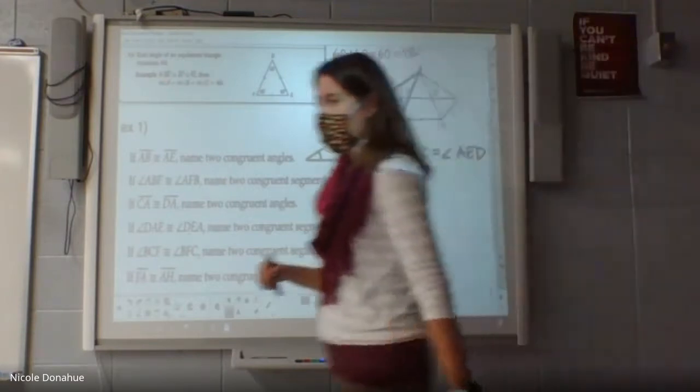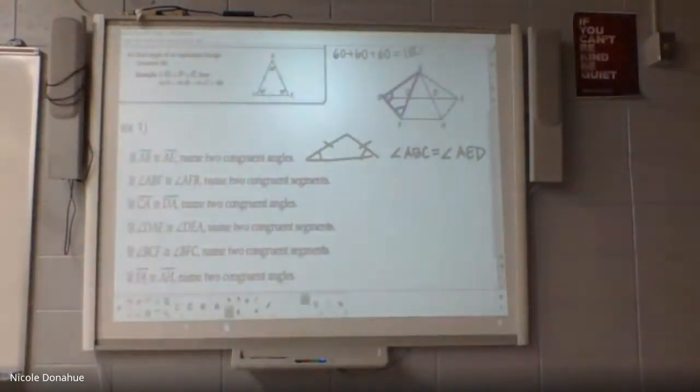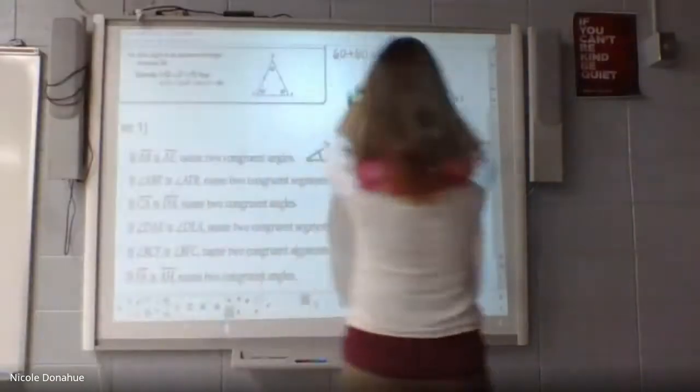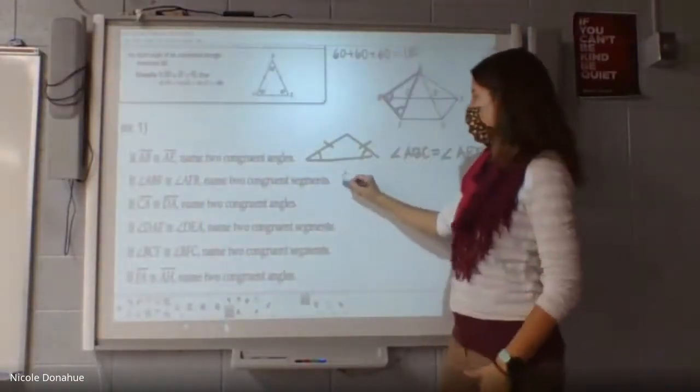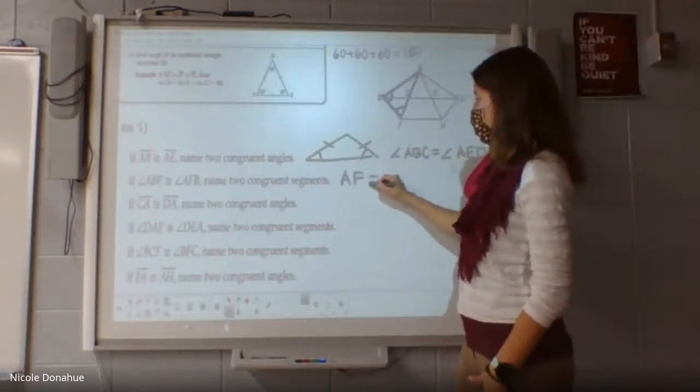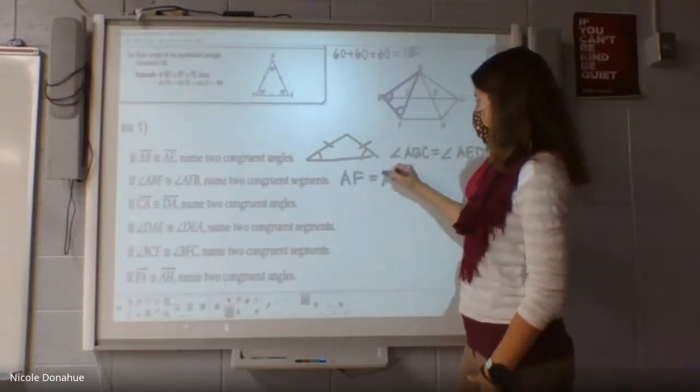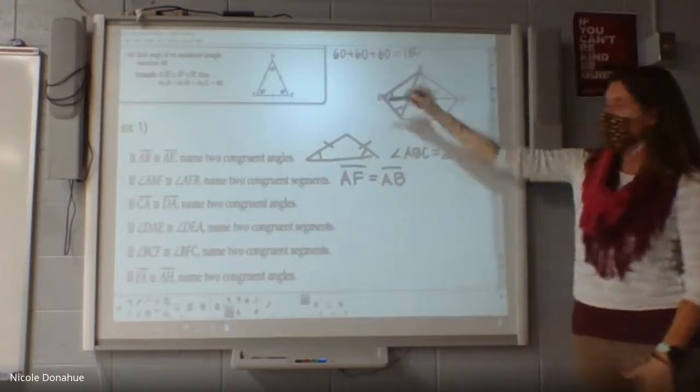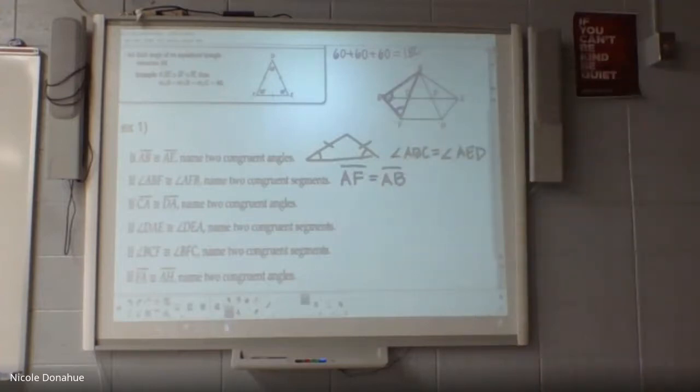So if we have those two angles marked, Nolan, what sides need to be congruent then? AF and AB. So on this triangle, those two have to be congruent. So we're looking at that as our isosceles triangle. Those are the sides that have to be congruent.